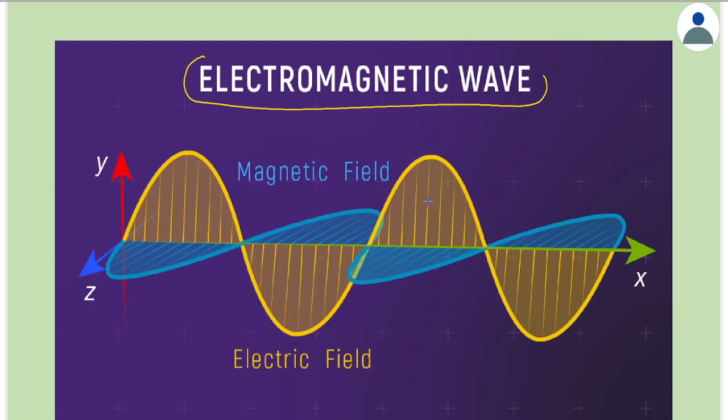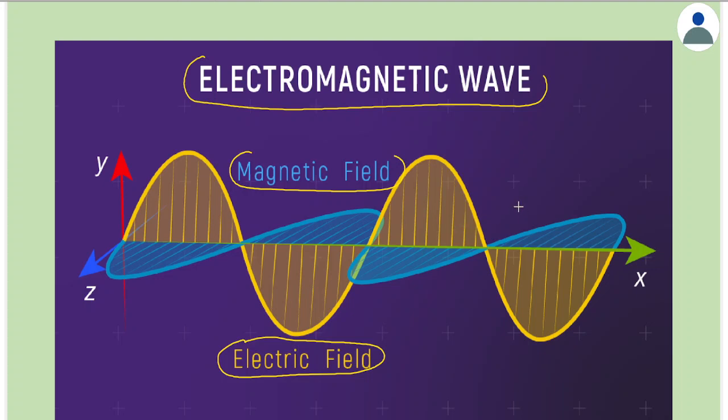An electromagnetic wave consists of two kinds of fields called magnetic field and electric field. These two are basically oscillations or vibrations. These two fields are perpendicular to each other, and these two fields are in turn perpendicular to the direction of propagation of the wave.